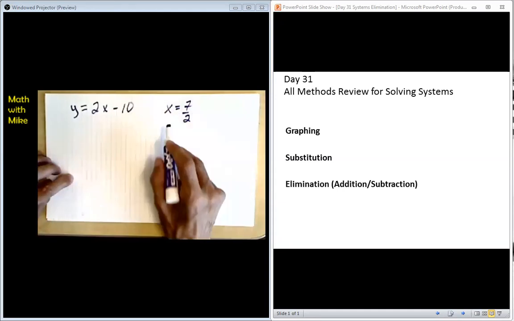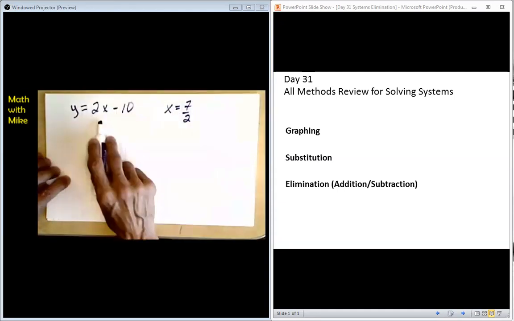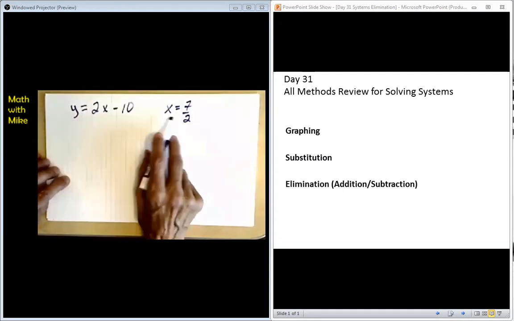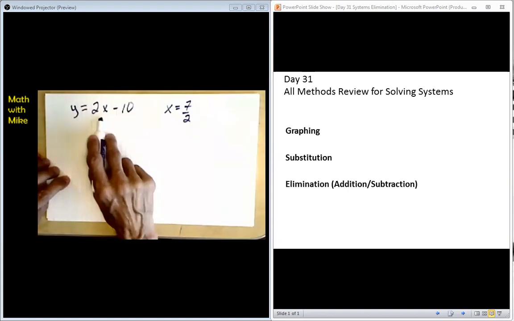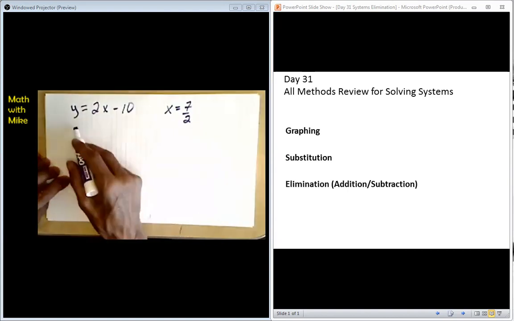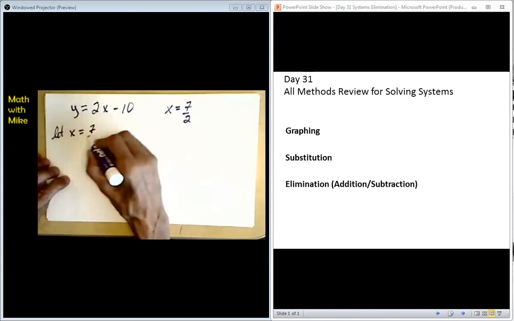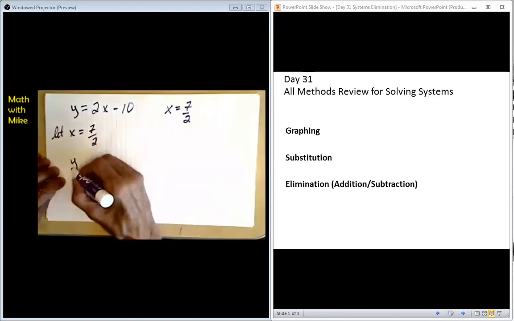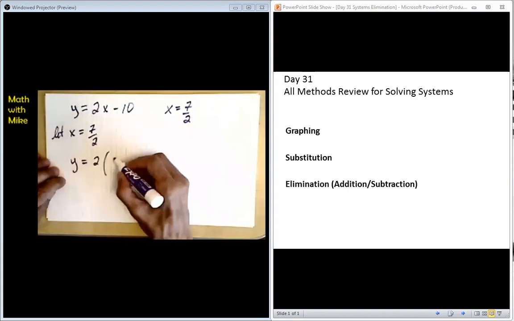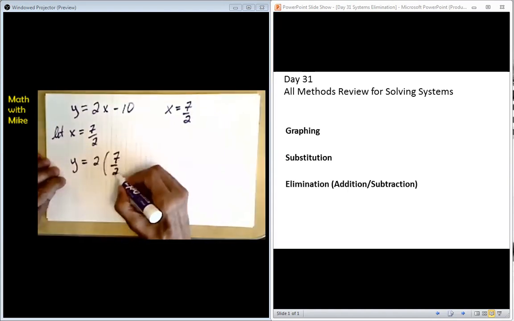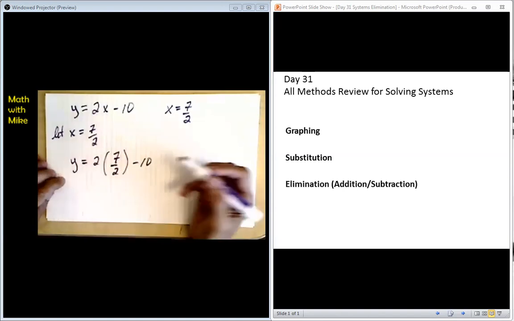So that's what we substitute in here now. Put 7 over 2 in for the x and solve for y. Okay, so let x equal 7 over 2. We get y is equal to 2 times 7 over 2 minus 10.